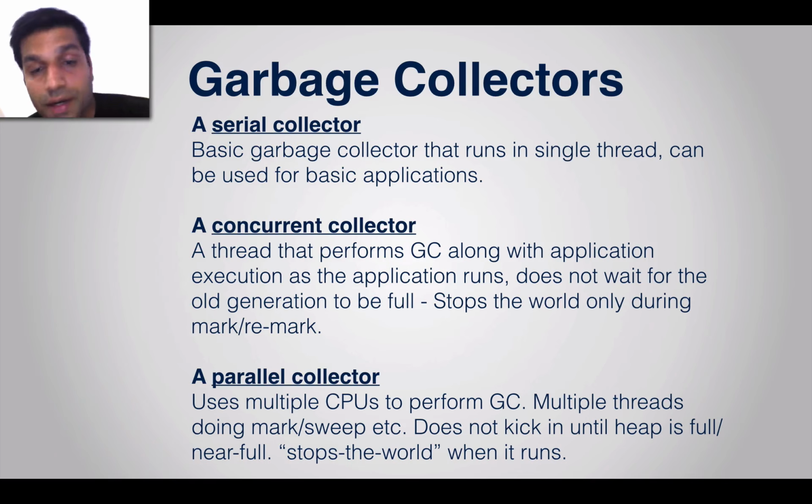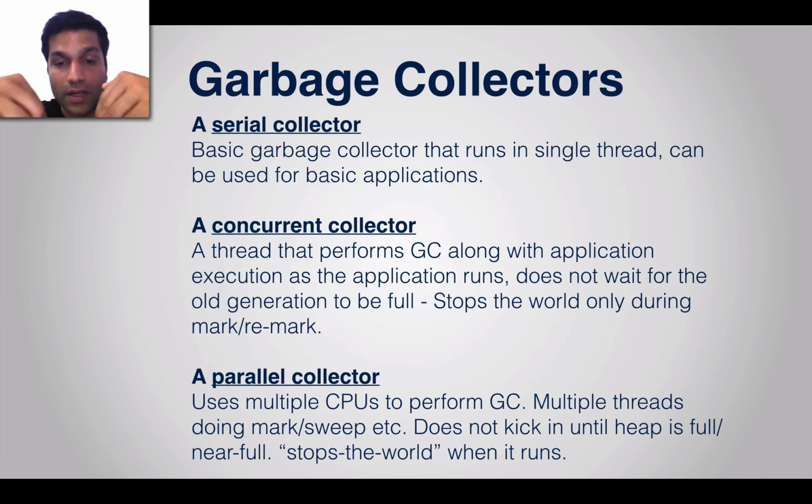Now going to the concurrent collector. The concurrent collector is a thread that performs garbage collection along with the application. As the application runs, this concurrent garbage collection thread also runs, and it does not wait for the old generation to be full. It keeps on running, and whenever it can do a certain garbage collection step, it does.